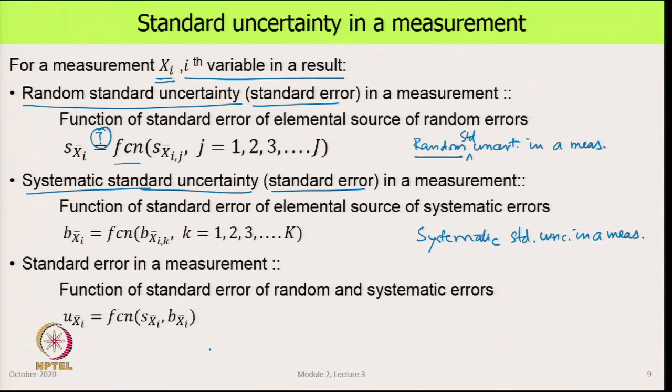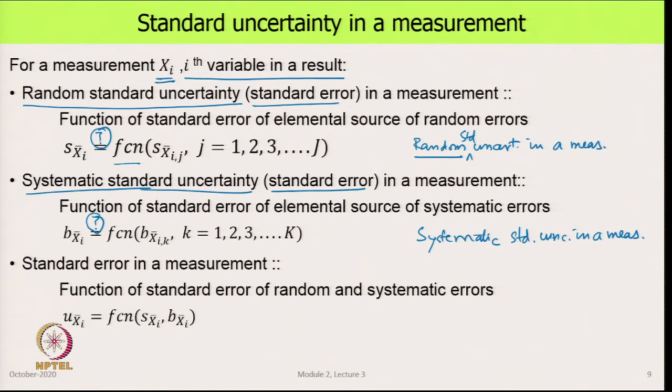And like before, this is also a function of the elemental sources of systematic errors or systematic uncertainties. So, the symbol we had, Bxi bar, is a function of the Bxik's, the elemental sources of systematic uncertainty for every source of systematic uncertainty in the measurement. What is this equation? That is also something we want to learn.